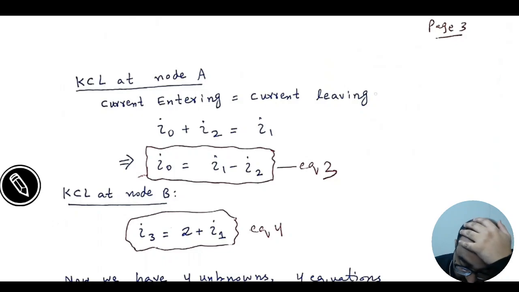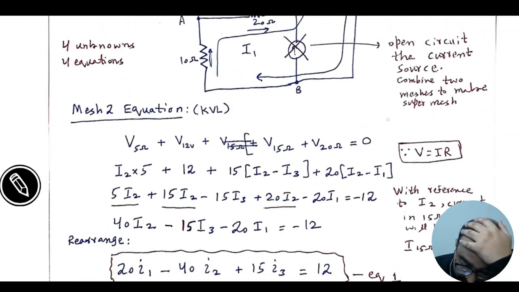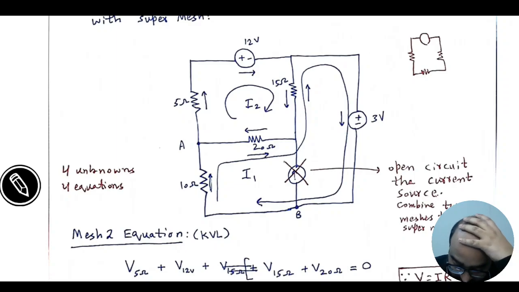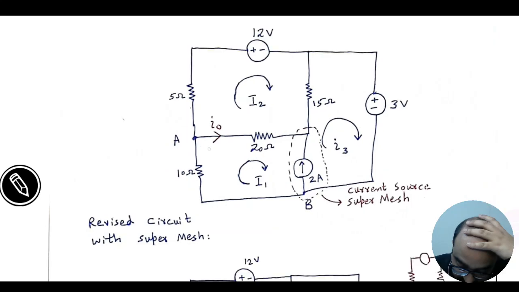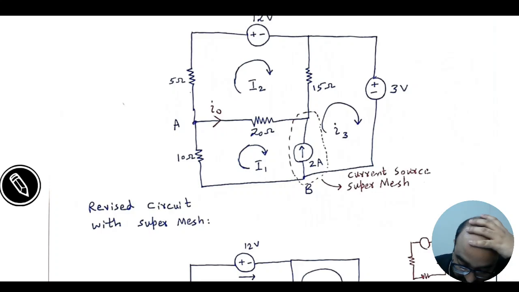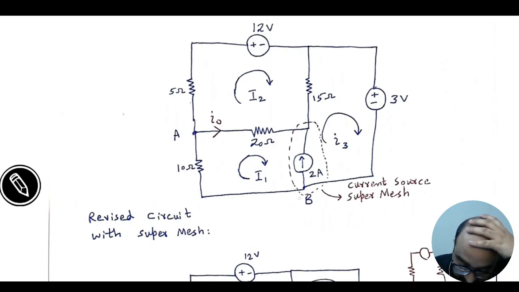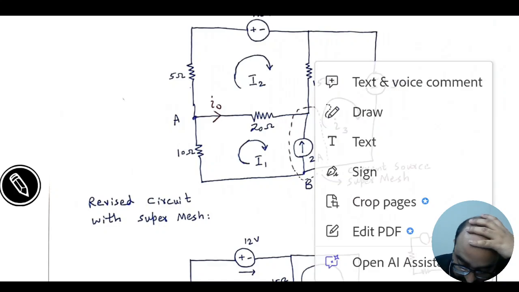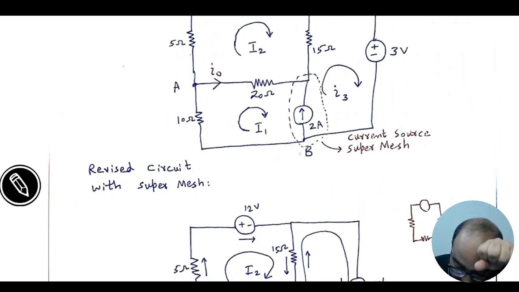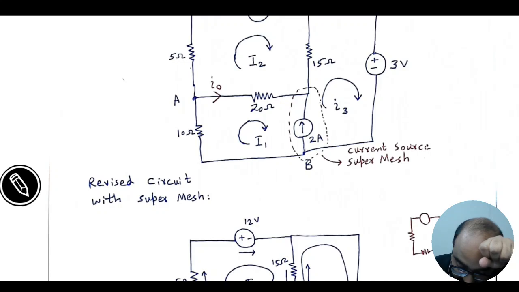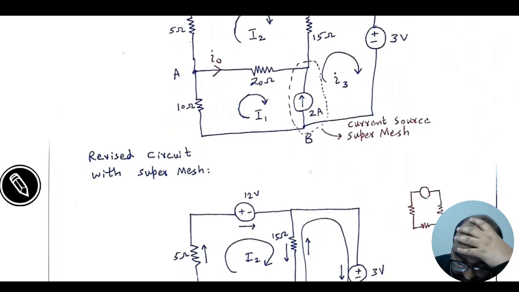What is node A and node B? We can see here we have to find I naught flowing from node A towards the 20 ohm resistance, through the 20 ohm resistance. We name it node A, and at B we have a current source which was replaced by an open circuit element. So we will consider this node for solving the circuit.